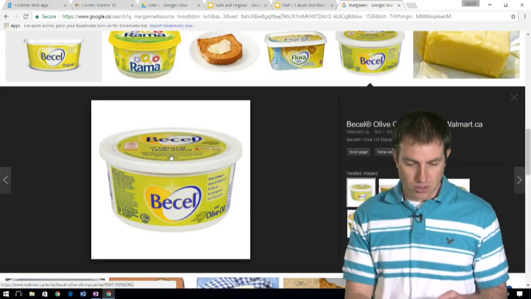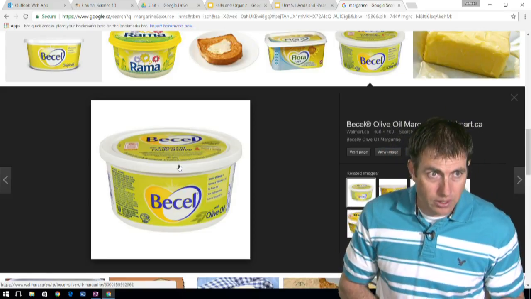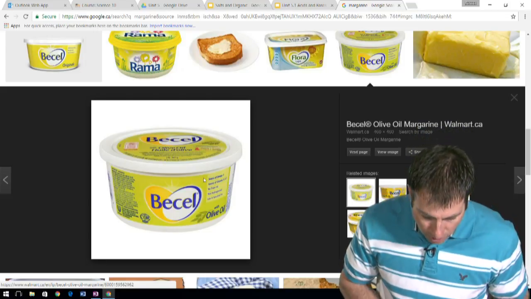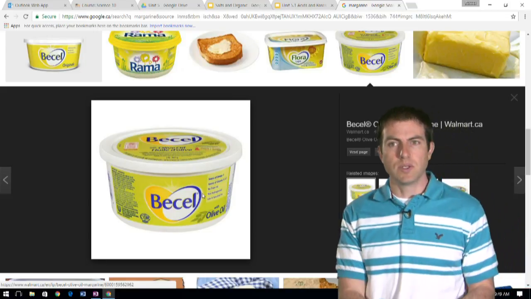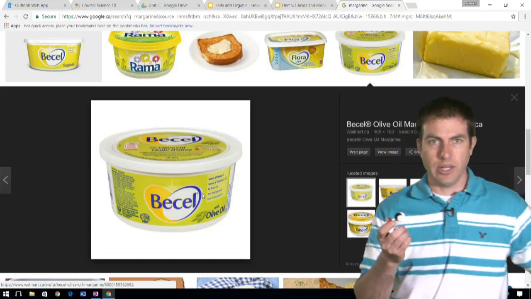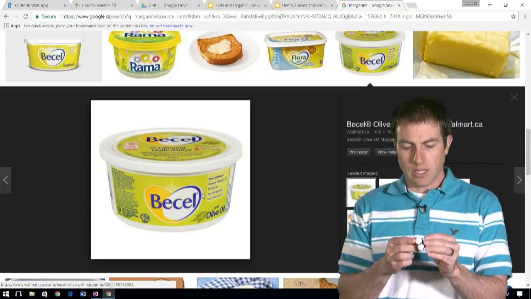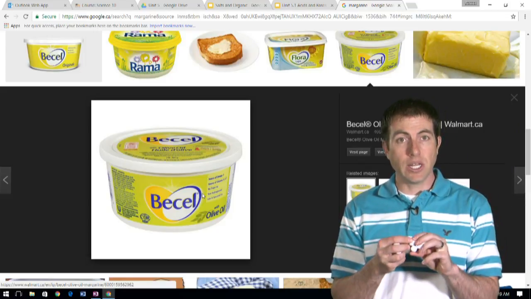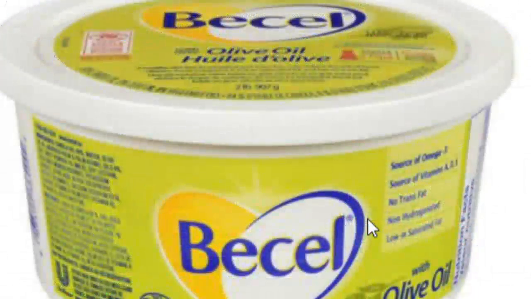So if you look at this one, it says here on the side, non-hydrogenated. So what does that mean? Well, hydrogenated is just hydrogen, right? Thank you, Mr. Ross.